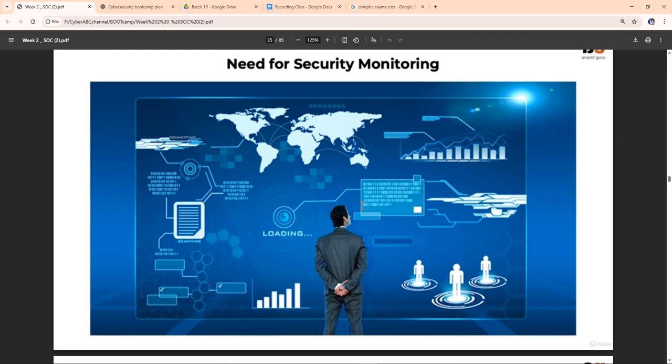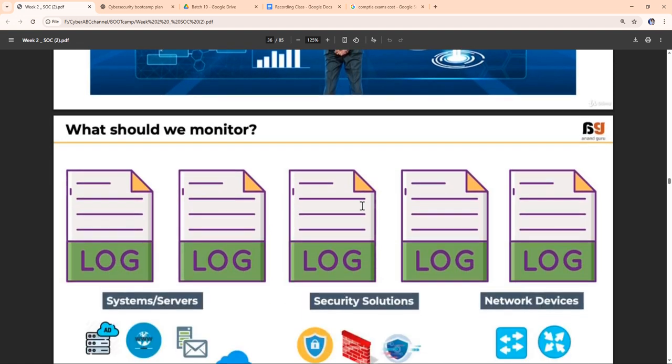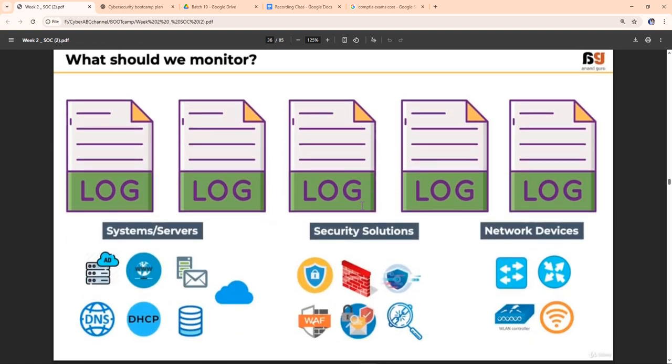And the next big question will be, what should we monitor? Because it's not enough to say, let us monitor, but what should we monitor? So we will be monitoring logs. And where are these logs coming from?